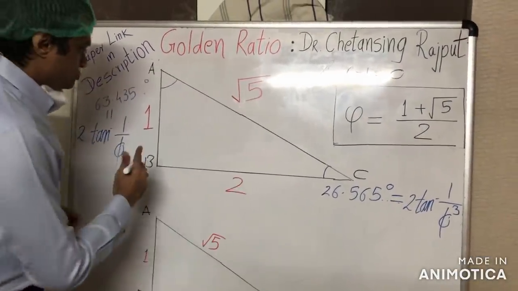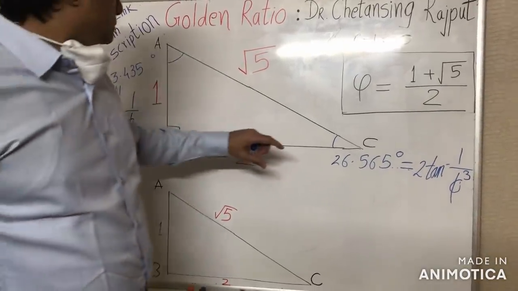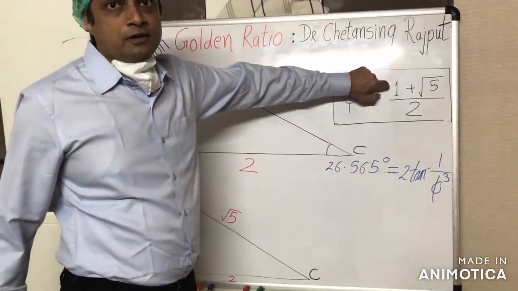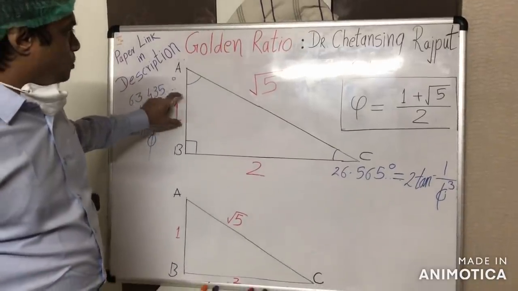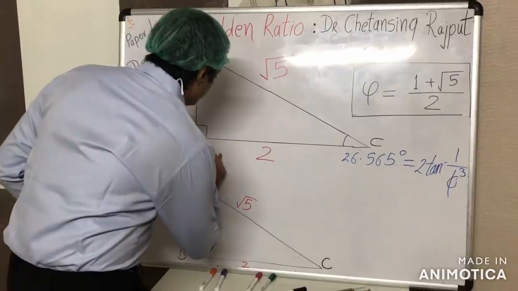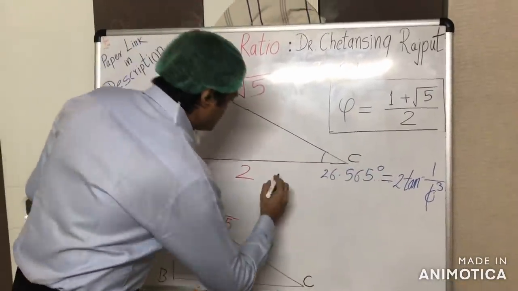Now look at all these three angles. This is the right angle, of course. Look at the angles against the sides which are in the numerator in this fractional expression: the angle against the smaller cathetus and the angle against the hypotenuse, 90 degrees and this 26 point something degrees.